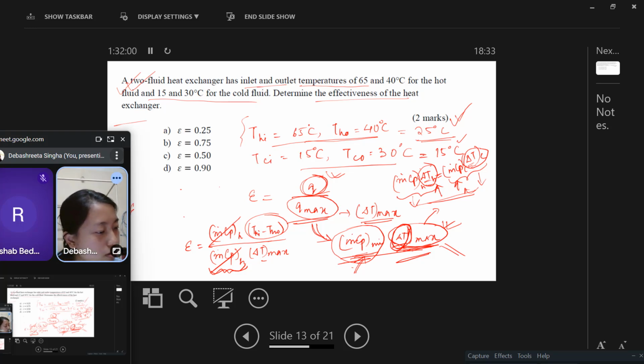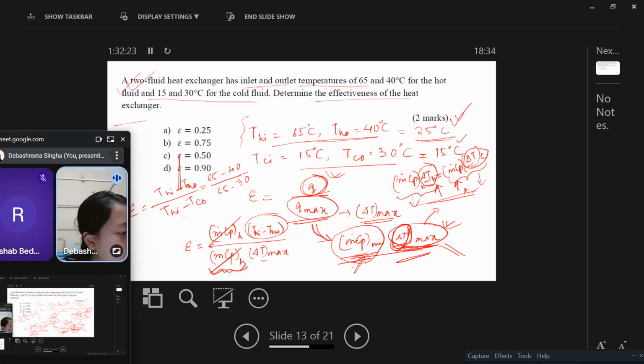So what remains is epsilon is equal to Thi minus Th naught divided by delta T max, which is found out by Thi minus Tc naught. So Thi is 65, Th naught is 40, again Thi is 65 minus Tc naught is 30. So it will be 25 divided by 35. How much do you get? 0.71.